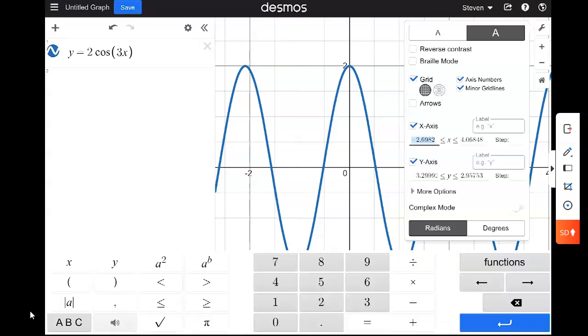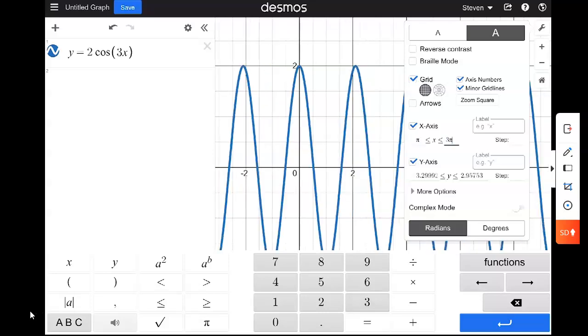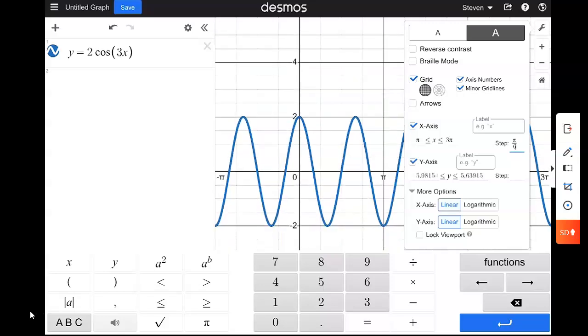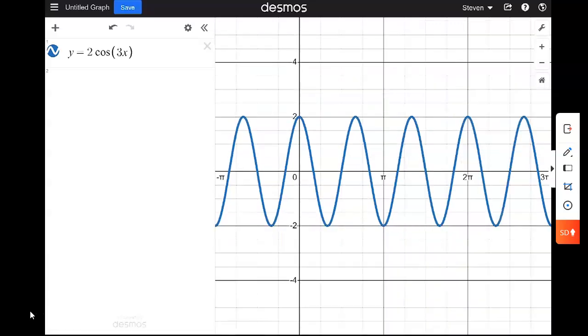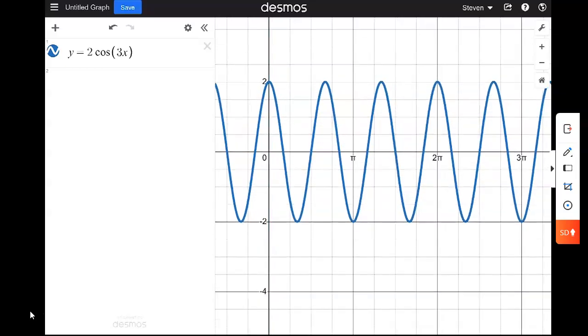I'm going to go negative pi to 3 pi, so I get enough of the graph. I'm going to set my step here at pi over 6. That way everything will be nice. So there we are. We see the full graph there stops at 2 pi.